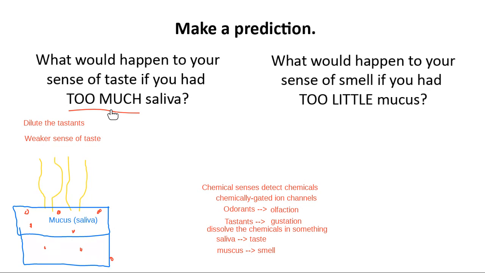It can make your salivary glands freak out and make too much saliva. There are also some medications that can do that too. So if I make too much saliva, or like Kira mentioned, if I make too much mucus when I've got a cold, any of those odorants or tastants have to work twice as hard to get up to the cells that can detect them. And most of the time, it's just not going to happen. So we would have a weaker sense of taste or a weaker sense of smell, if we were talking about olfaction, if we had too much of our dissolving thing.